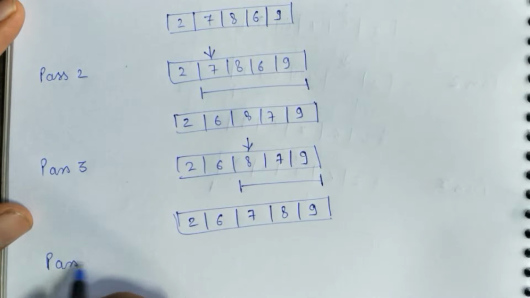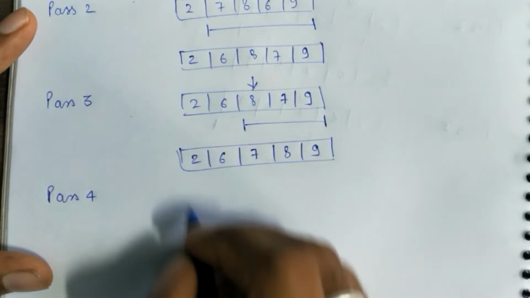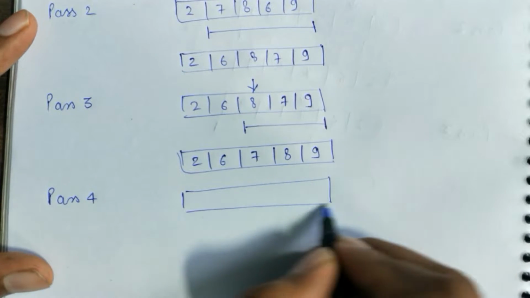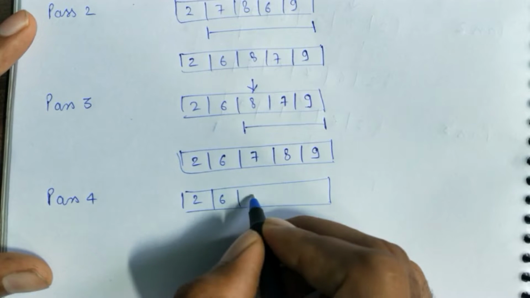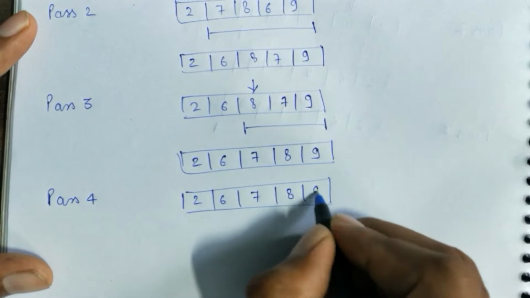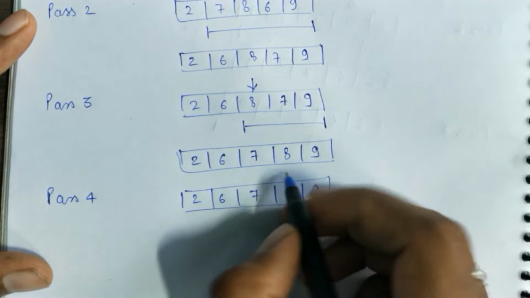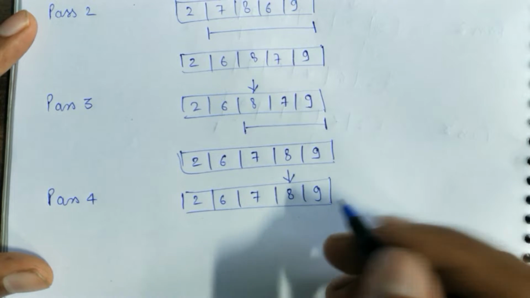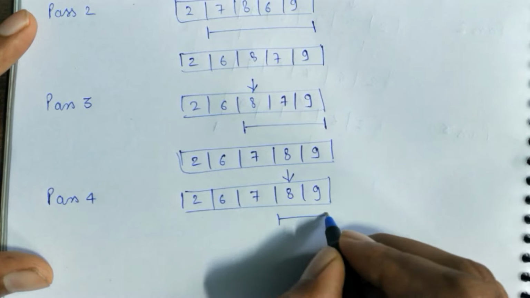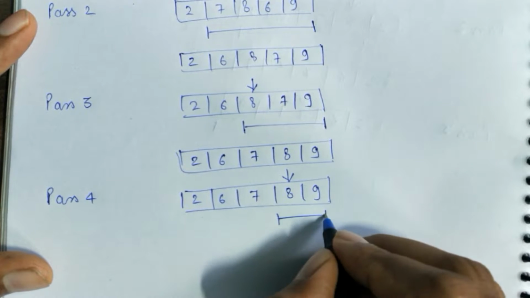Now for pass 4 we will be taking the output of this pass 3 and we will be selecting the element at the next index, that is 8. Now we are going to find the smallest element in this part of array.